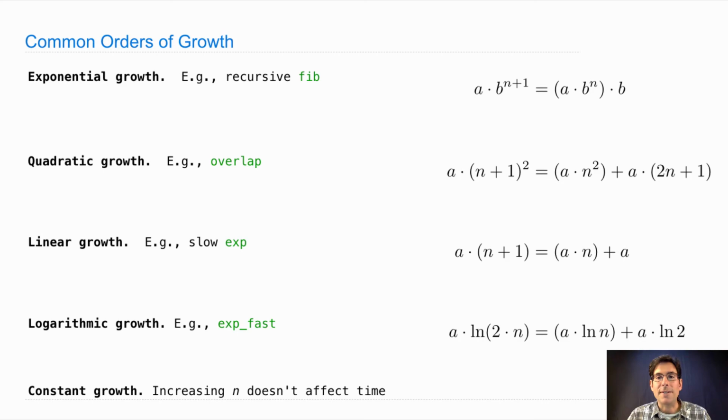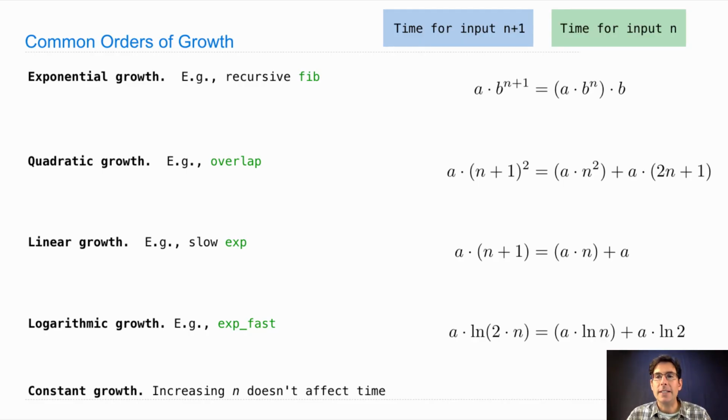Each of these categories can be described by a simple equation where we've written down the general time that it takes to process an input of size n plus 1 in terms of the time that it takes to process an input of size n, using some constants a and b to account for the fact that there are many details about how long it takes for something to run that we're glossing over as we talk about the general shape of time as a function of the input size.